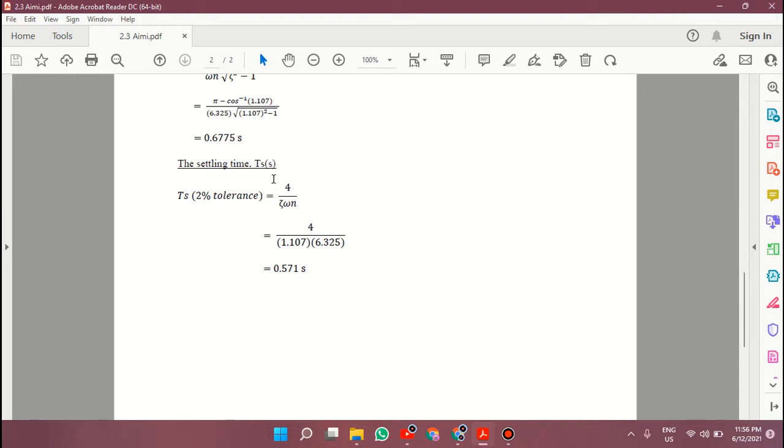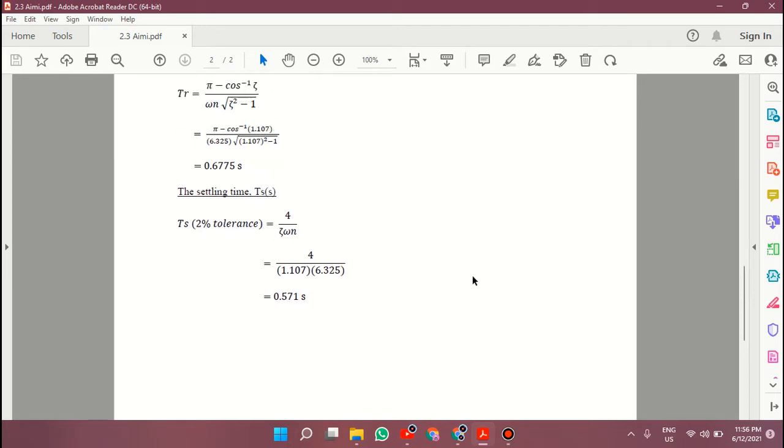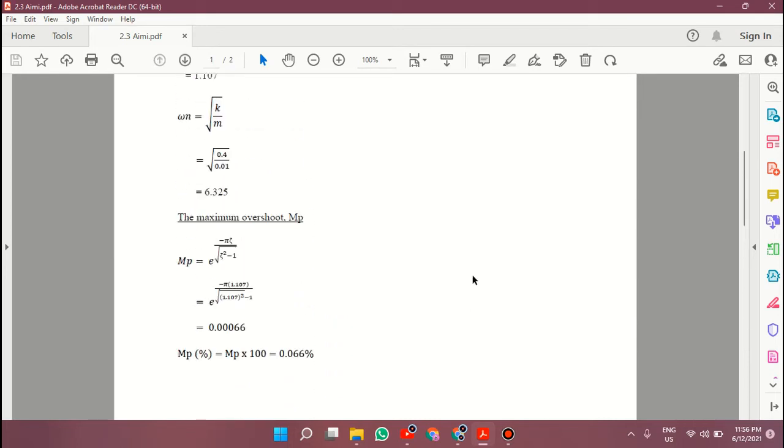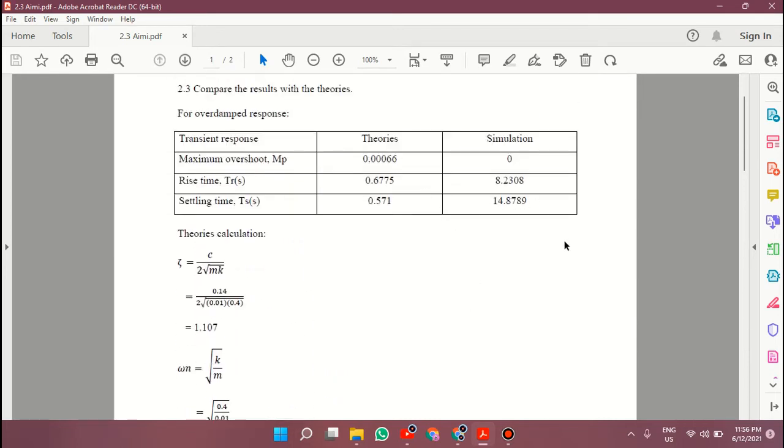The settling time Ts in seconds with 2% tolerance is equal to 4 divided by the damping ratio times the natural frequency, which is 4 divided by 1.107 times 6.325, equal to 0.571 seconds. For the rise time and the settling time, there is a big difference between theories and simulation. That's all from me.